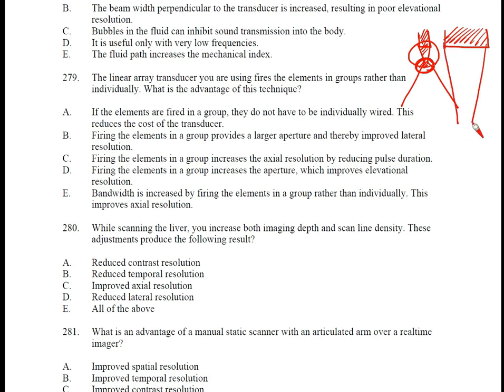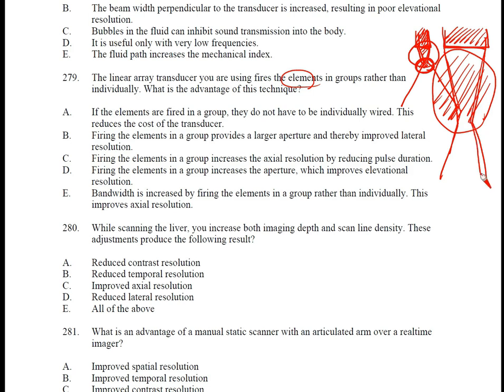In this way, you can focus on deeper areas, and during this process, the lateral resolution in this region can be increased. To summarize again, the range of use for the elements here is related to the aperture as shown here. A narrow aperture results in a shorter focal length, while a wide aperture allows focusing at greater depths, which in turn affects the lateral resolution. Just keep that in mind.